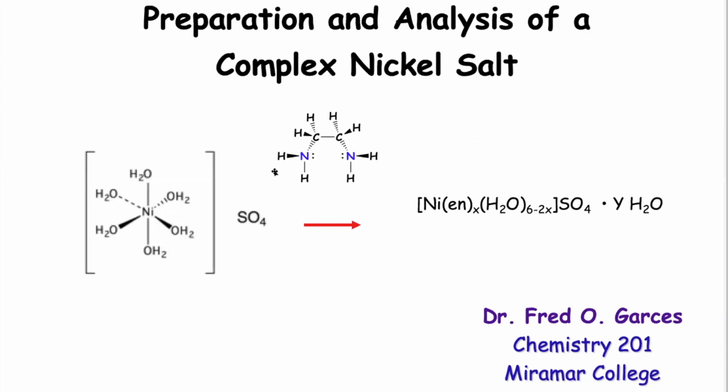So we're replacing 2 of these waters with ethylenediamine. The structure itself will be the ethylenediamine replacing 2 of the water. You can have 1 ethylenediamine, 2 ethylenediamine, or 3 ethylenediamine, and that's what you see in this PowerPoint.